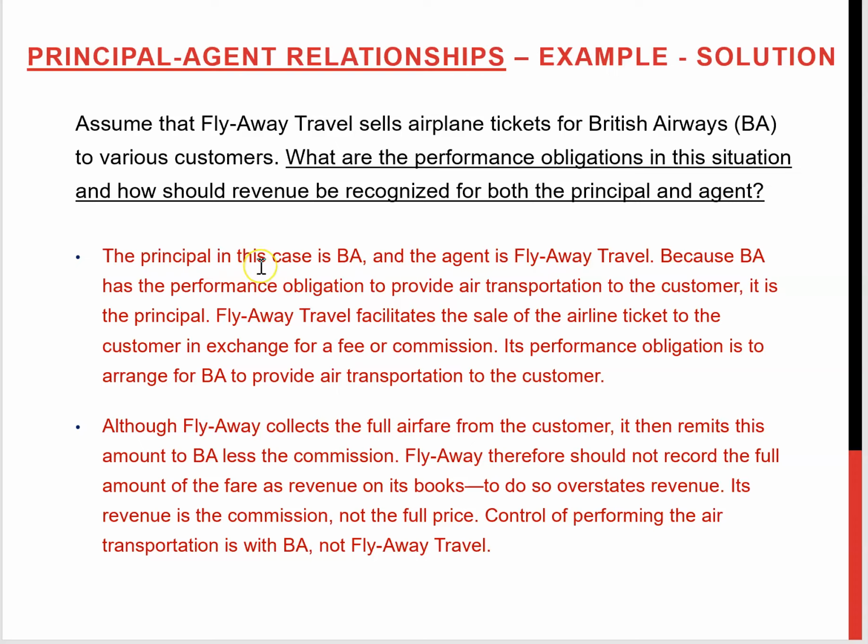So British Airways will record the revenues. On the other hand, Flyaway Travel is working as an agent, and Flyaway may receive a commission from British Airways to sell their plane tickets. So Flyaway will only record the commission that they are receiving.